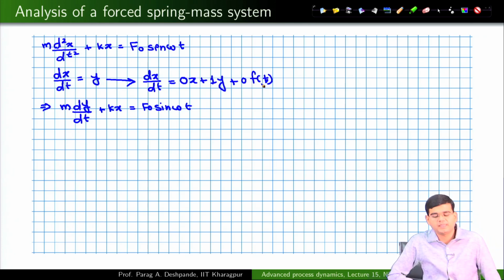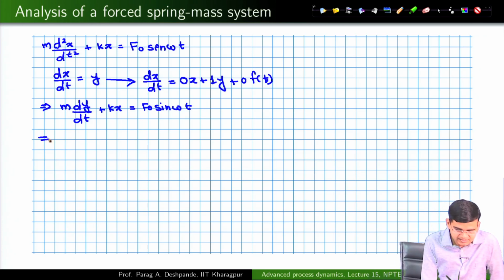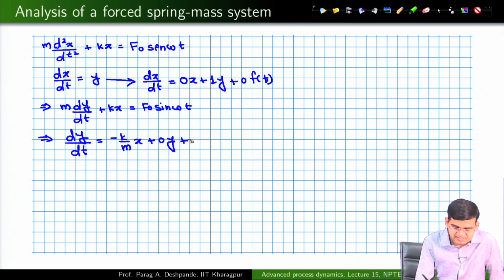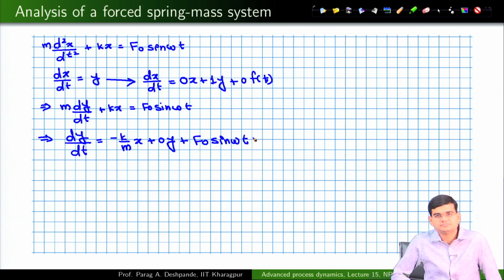And I can write the second equation as dy/dt = −(k/m)·x + 0·y + f0 sin ωt.